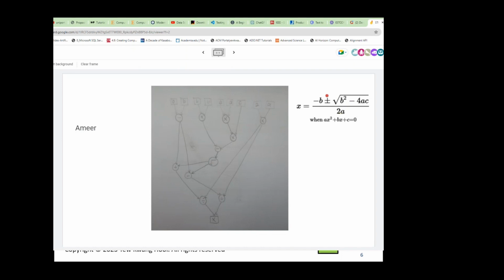Okay, then this is where the parallel operations come in, plus minus. So the result of 0 minus B and B square minus 4AC square root is fed into the same output.